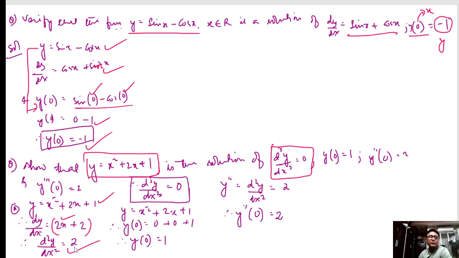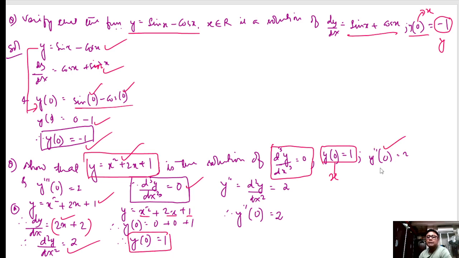So if I differentiate a third time, definitely I will get 0. Now we have to prove that y(0) is 1. That means in place of x, if I put 0, the answer should be 1. So in this one, if I put x as 0, yes, I am getting 1.